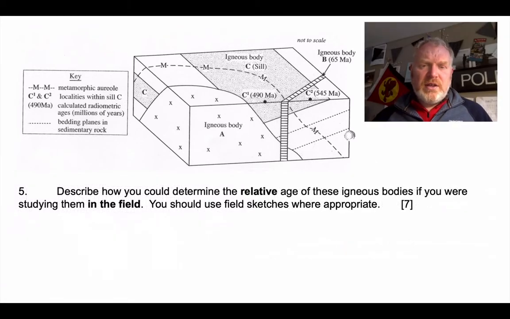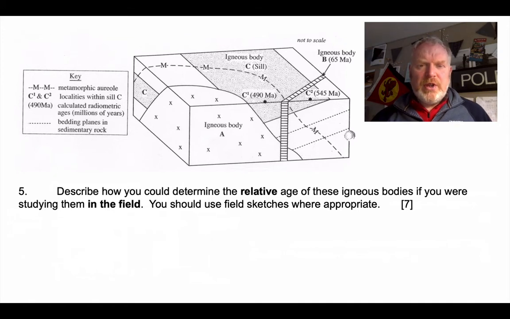The final question then is perhaps one that extends a little bit what you'd be asked in an exam, but I think is an important one. You could be asked about planning an investigation, a field investigation into a site like this. So if you had to go to this place for real, how would you determine the relative age?